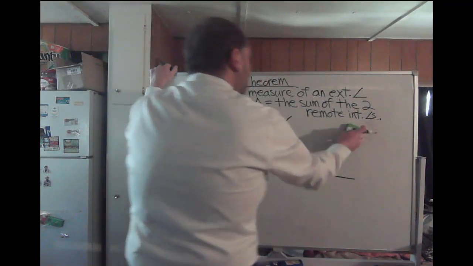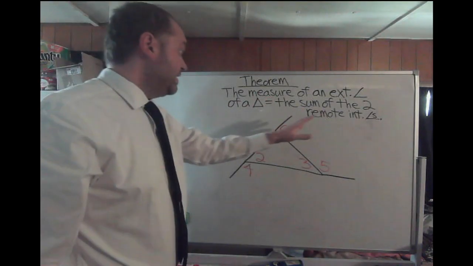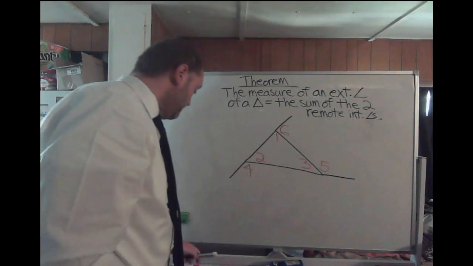Okay. So this particular theorem states that the measure of an exterior angle of a triangle equals the sum of the two remote interior angles.